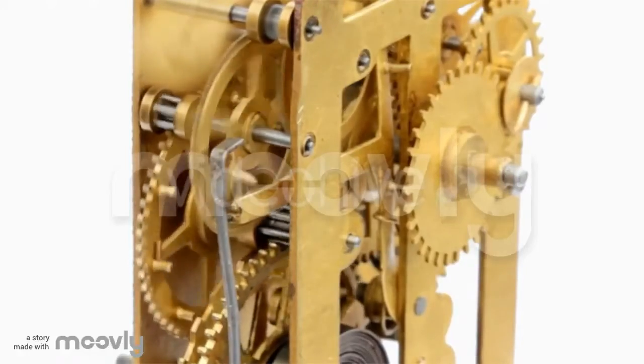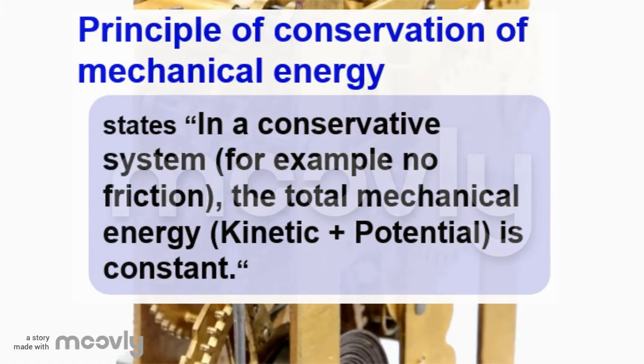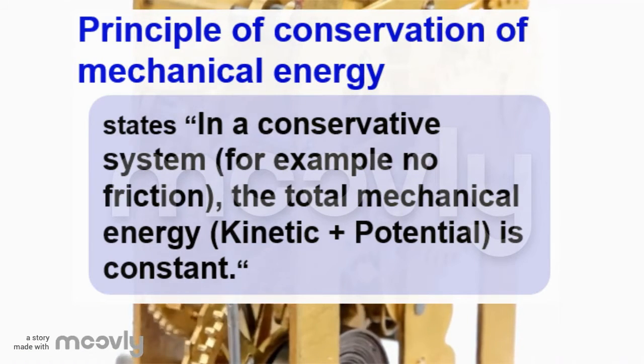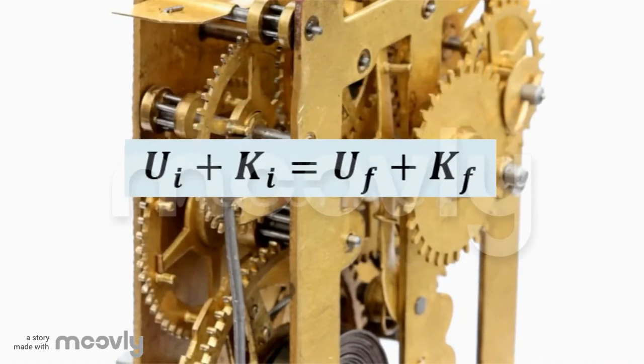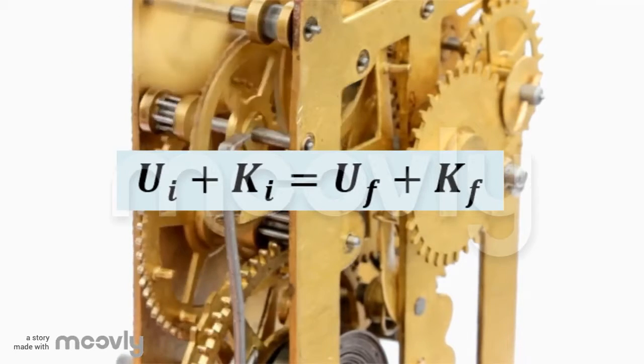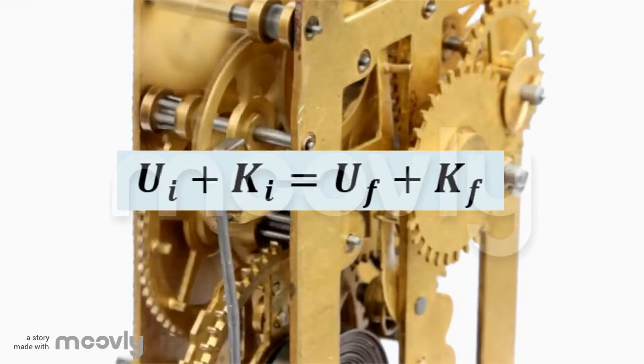The same law applies to the principle of conservation of mechanical energy. It states that in a conservative system, for example, no friction, the total mechanical energy, which is kinetic and potential, is always constant. So the initial potential energy plus the initial kinetic energy is equal to the final potential and kinetic energy.